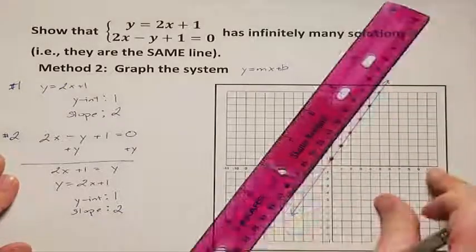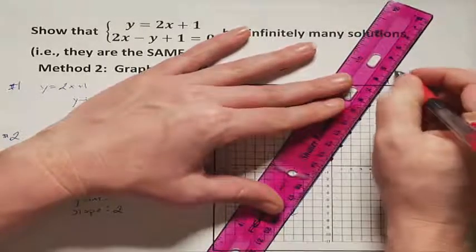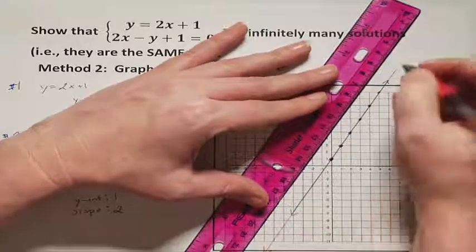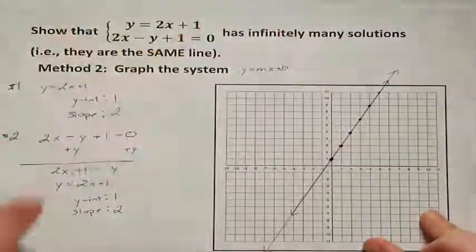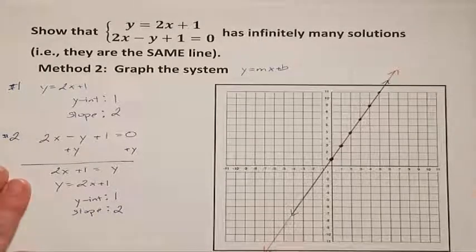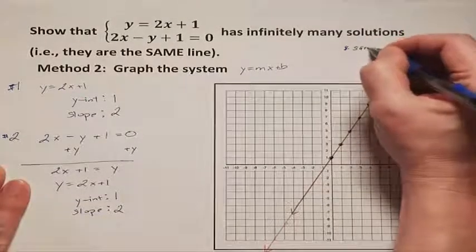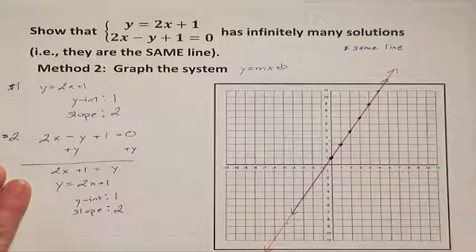Since I'm using a different color, I can actually see now that I had two lines drawn, and those two lines were actually drawn right on top of one another. So they were in the exact same location. They share every single point that they have in common. So yes, these are the same exact line drawn on the graph.